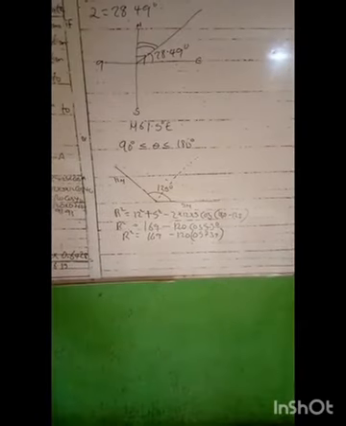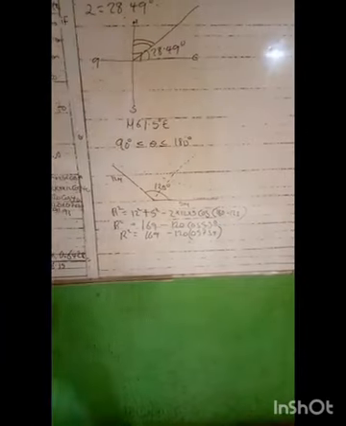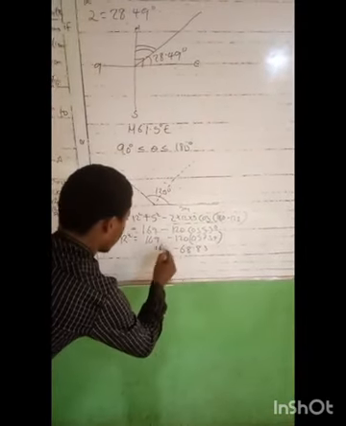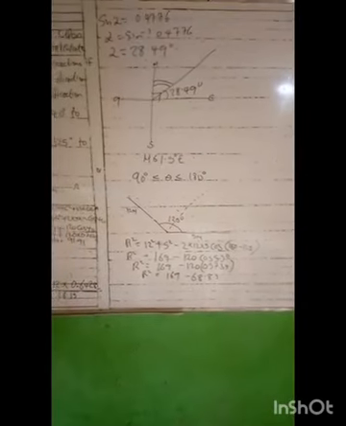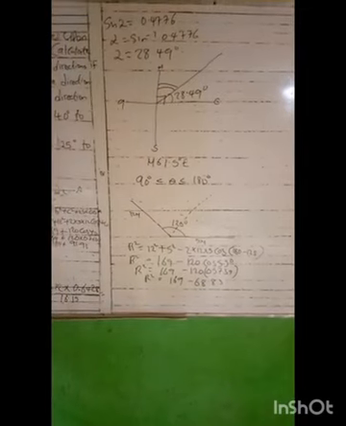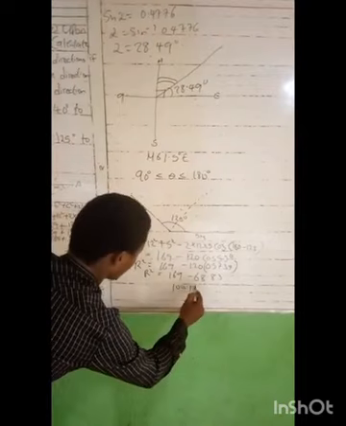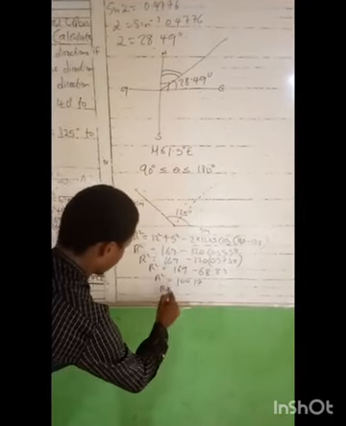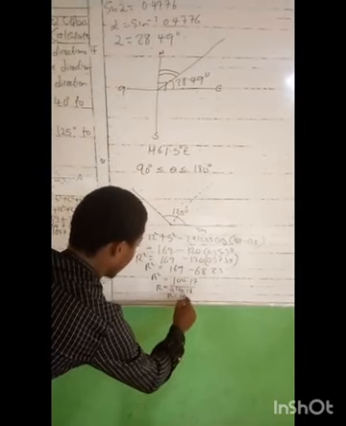So 120 multiplied by 0.5735 is going to give me 68.83. Then 169 minus 68.83 gives me my R squared. By the time I remove 68.83 from 169, I'm going to have approximately 100.17 equal to my R squared. So it means my R is equal to the square root of 100.17. That's going to give me 10 Newton.